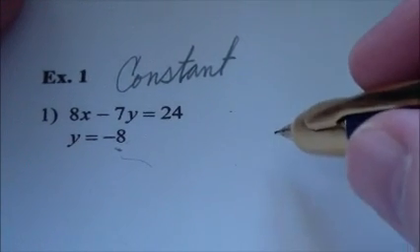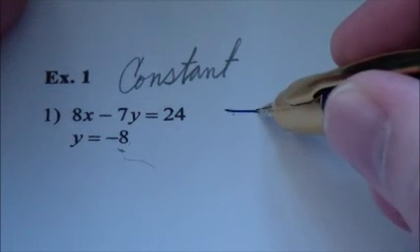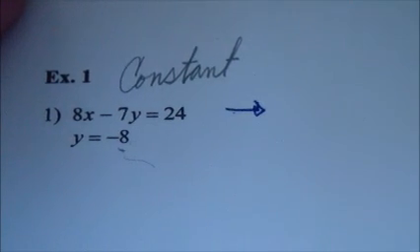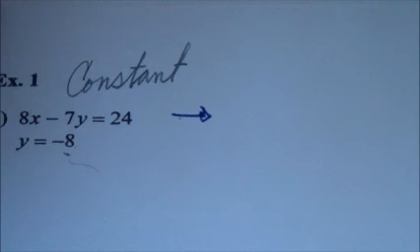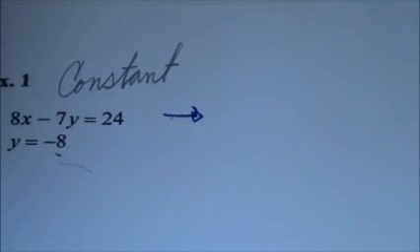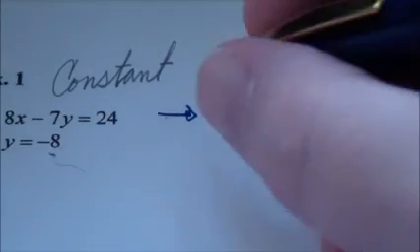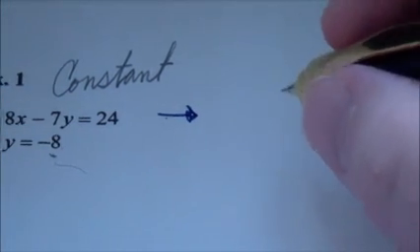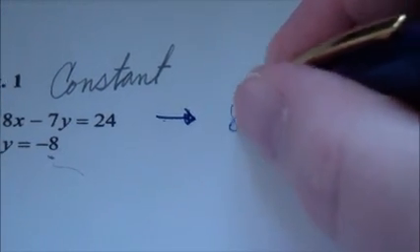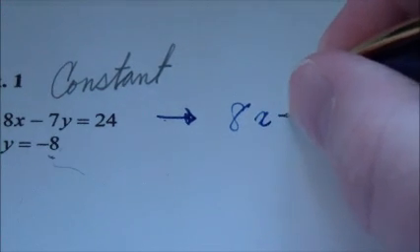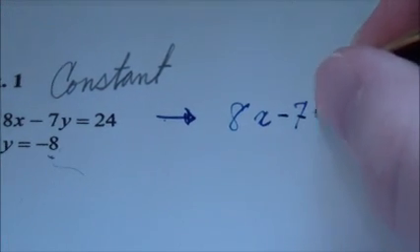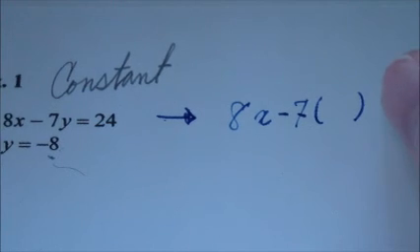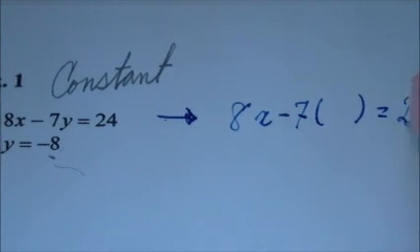So what we want is to rewrite the previous equation. So let's scooch over here just a smidgen and rewrite the equation. So what we have is 8x minus 7 is equal to 24.